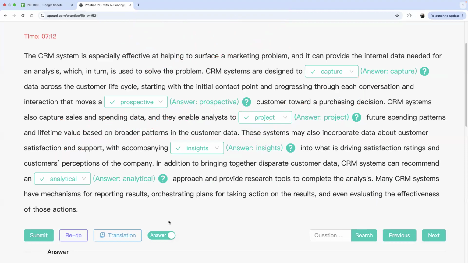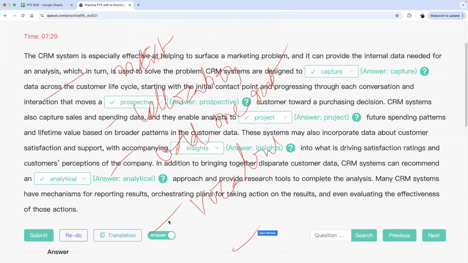Sometimes they will give you the answer next to the blank. Sometimes they will put a collocation, sometimes an odd one out, sometimes simple vocab. Sometimes they will put a term related to the concept, like prospective customer, just a market term.